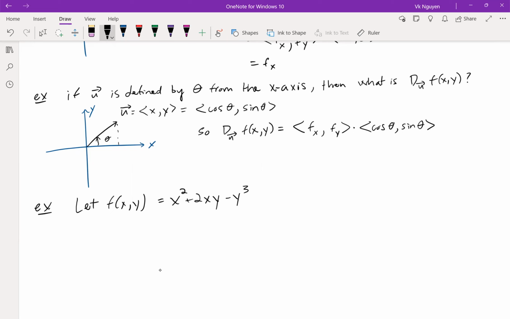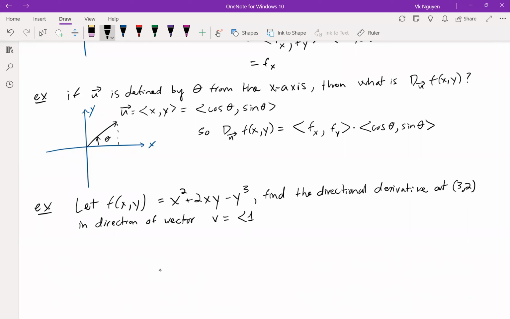Find the directional derivative at (3, 2) in the direction of the vector v equal (1, -1).